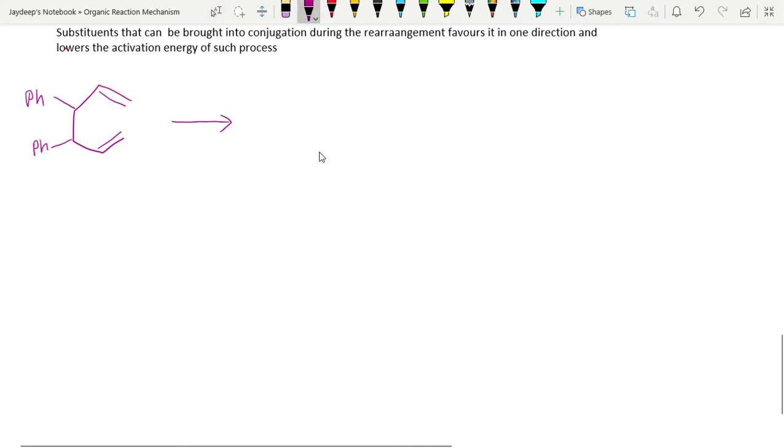Now here also we are going to cleave this bond, and numbering should be here, that is 1 2 3. This is 1 2 3. The sigma bond is going to be cleaved like that. Migration will be there.